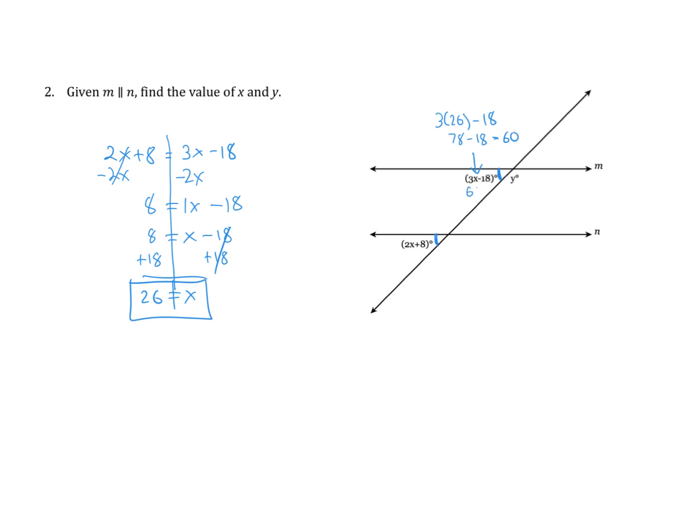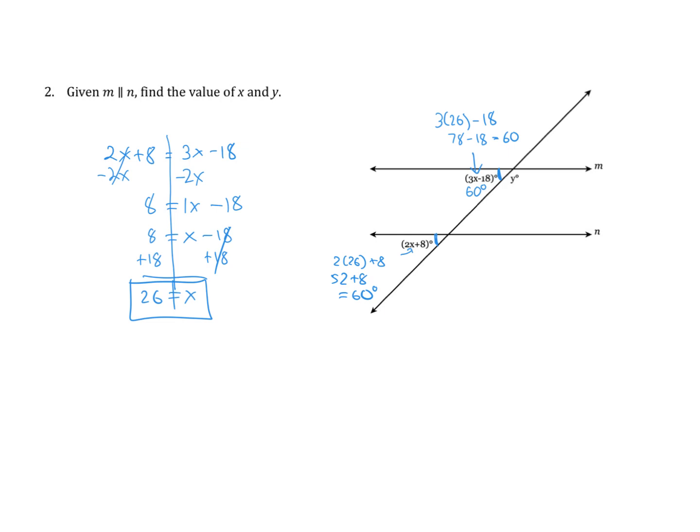So this angle is 60 degrees. Now if I also plug it into this bottom expression, I should get the same thing because these are supposed to be congruent angles. So 2 times 26 plus 8 is 52 plus 8, which is also 60. So that confirms that I solved it correctly and got 2 congruent angles.